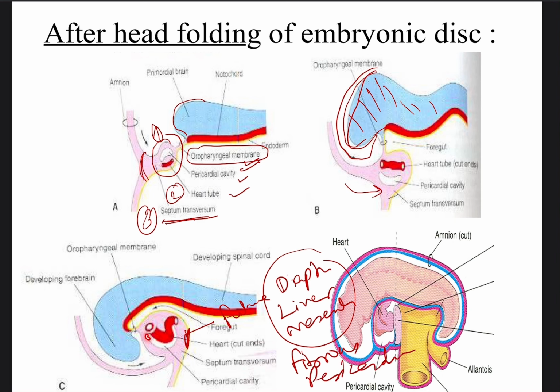And this structure is our pericardial cavity. This pericardial cavity is initially covering anteriorly, but later on it covers fully this heart tube.